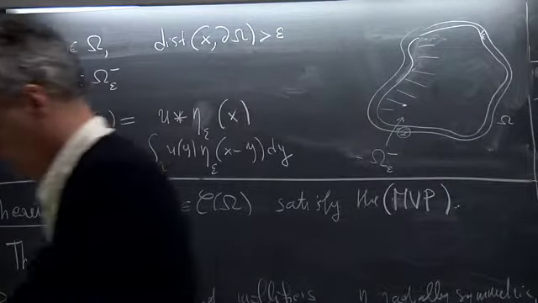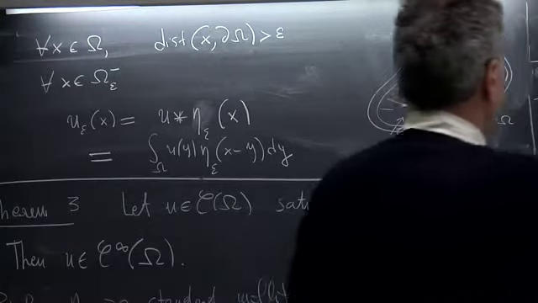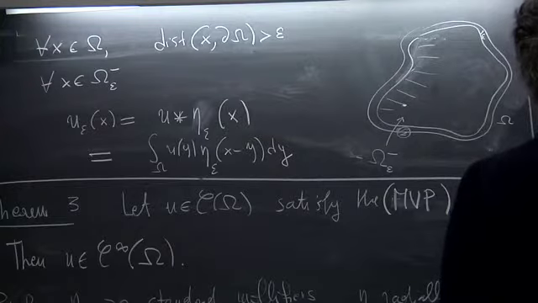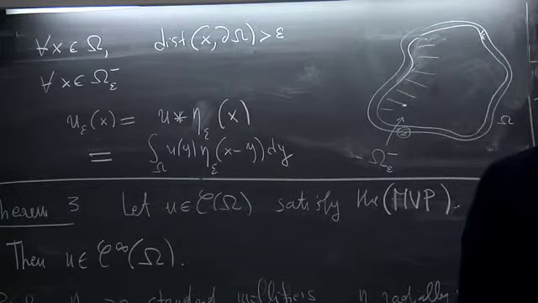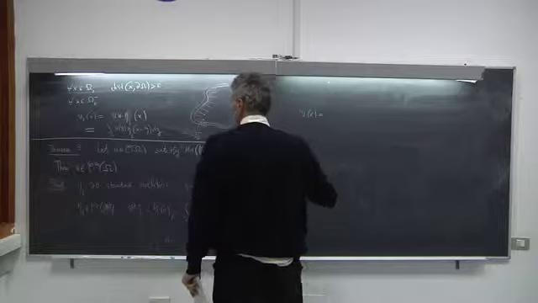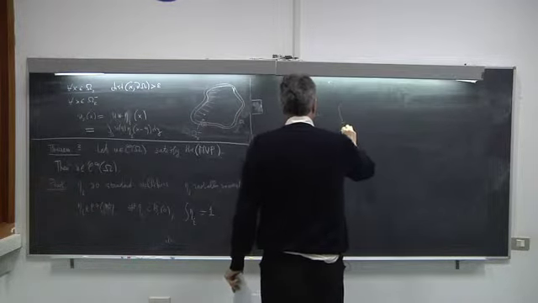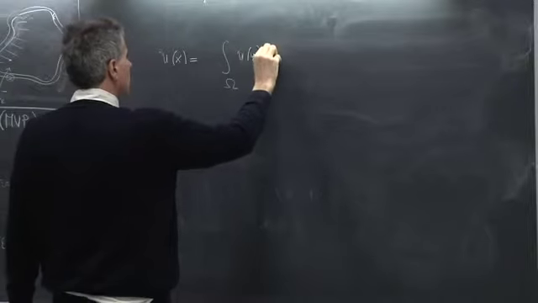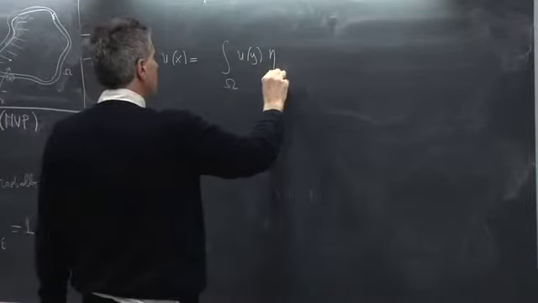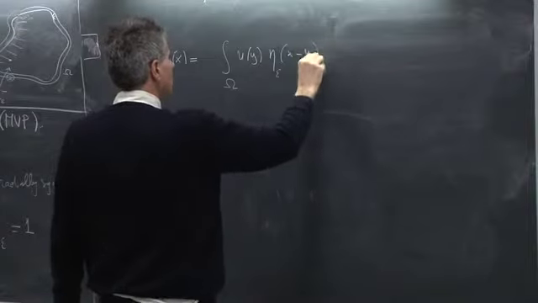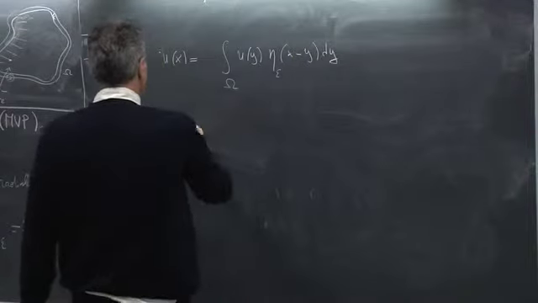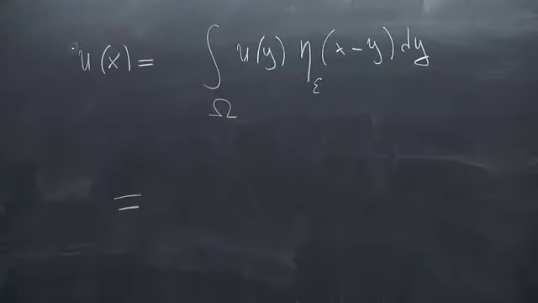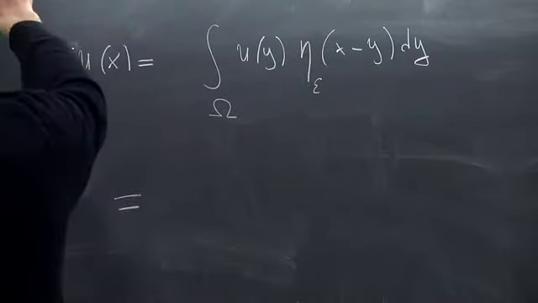Okay. So u epsilon of x is equal to the integral over omega of u of y, eta epsilon of x minus y, dy. Now let me recall who eta epsilon is.